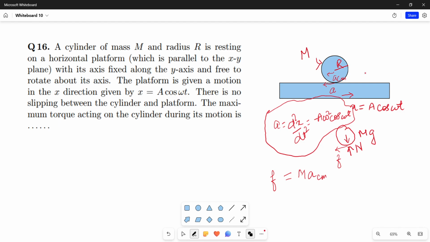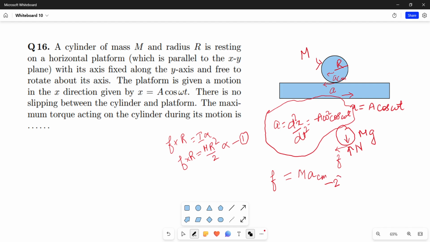So torque on this cylinder will be F into R, and that equals I into alpha. I is mr square by 2, and alpha we have to calculate. So I am writing this as F into R equals mr square by 2 into alpha as equation number 1, and this is our equation number 2.